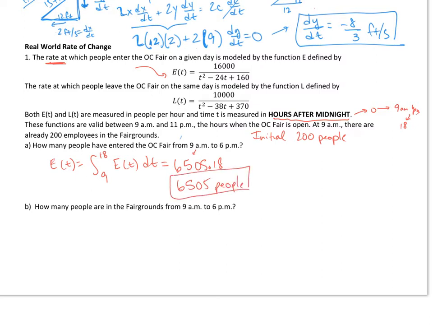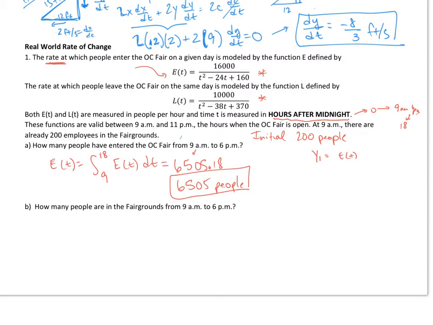Now, here's my suggestion for you on your calculators. I know I've said this in class, so let me remind you again. These two functions are going to be crazy to constantly enter in and do things with. So on your calculators, enter y1 as this E of t equation, double check it, triple check it, make sure that you have entered this correctly.